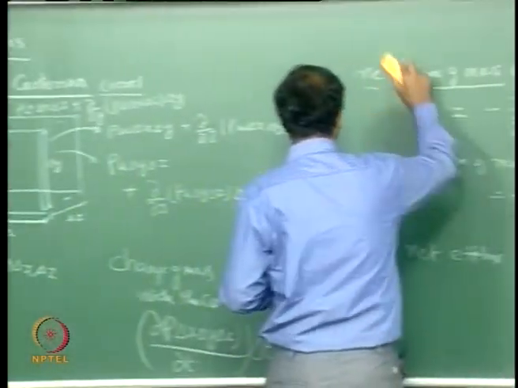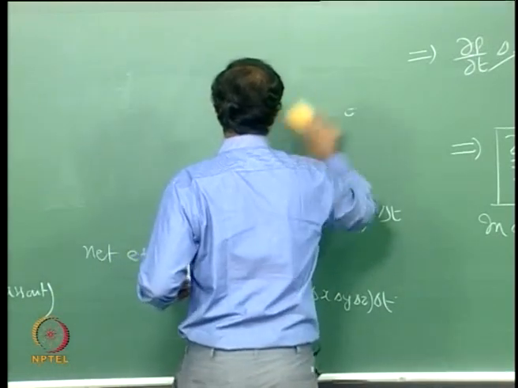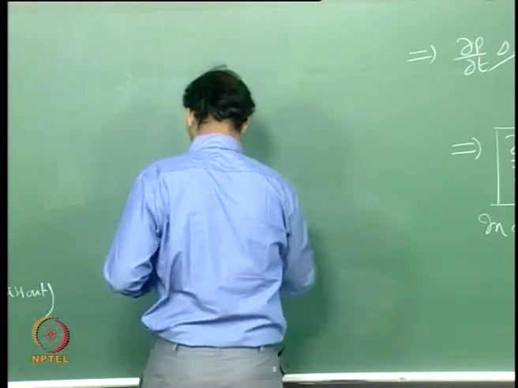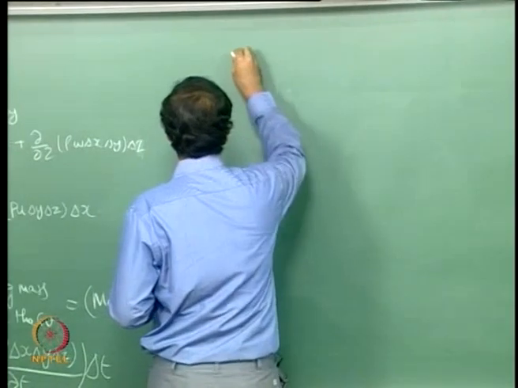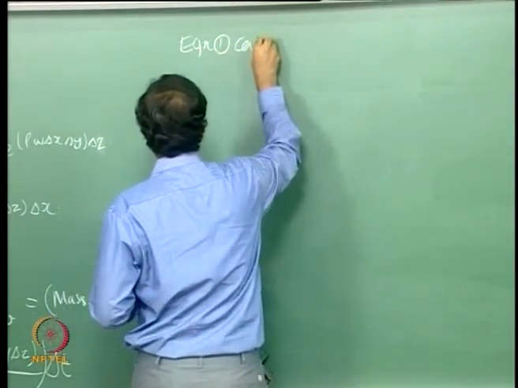Now what I am going to do is write down some simpler forms of the continuity equation, making several approximations. We can rearrange equation 1 in the following manner.